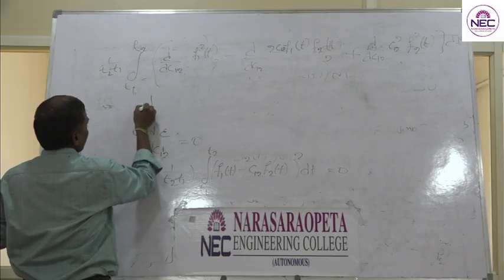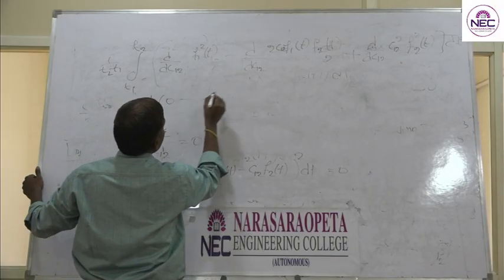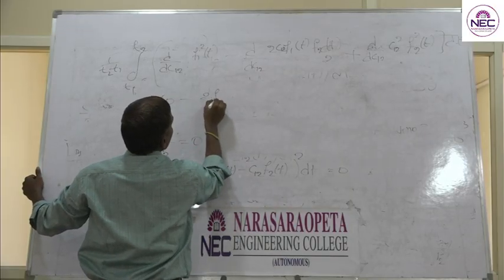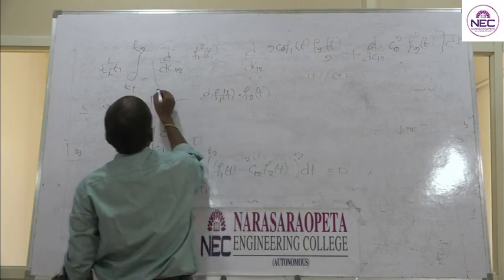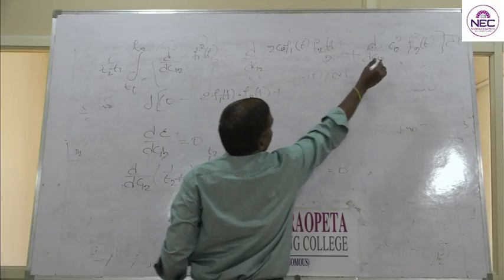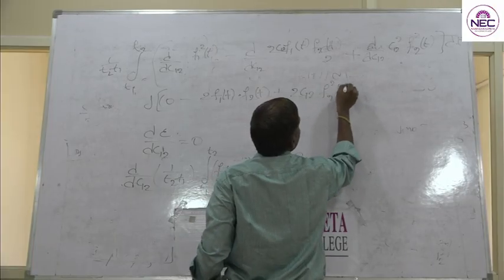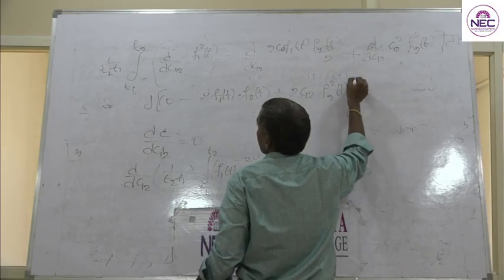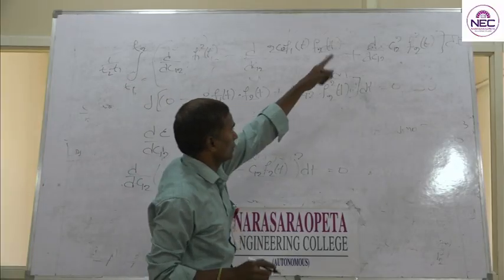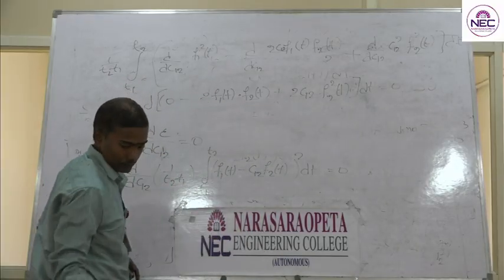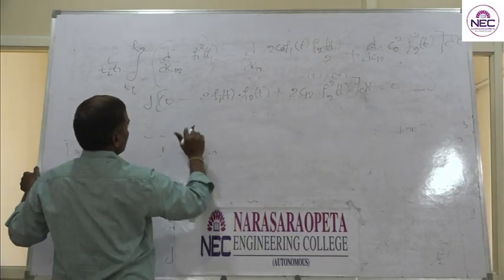So the integral: the first term becomes 0, minus, on differentiation, 2 f1 of t into f2 of t, plus, differentiating, 2 c12 f2 square of t, dt equal to 0. So the first term becomes 0 and the remaining are only two terms.